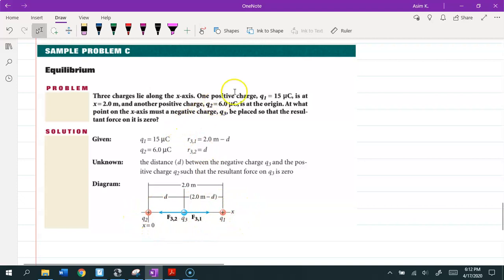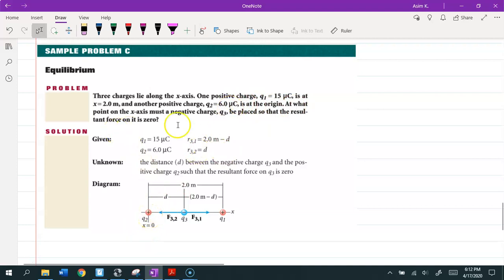It says that one of the positive charges, Q1, the one all the way at the right, is 15 microcoulombs, at 2 meters on the x-axis. So if Q2 is at 0, then Q1 is going to be 2 meters away from that. So Q2 is at the origin, they mention again. Q2 is 6 microcoulombs, and it's at the origin.